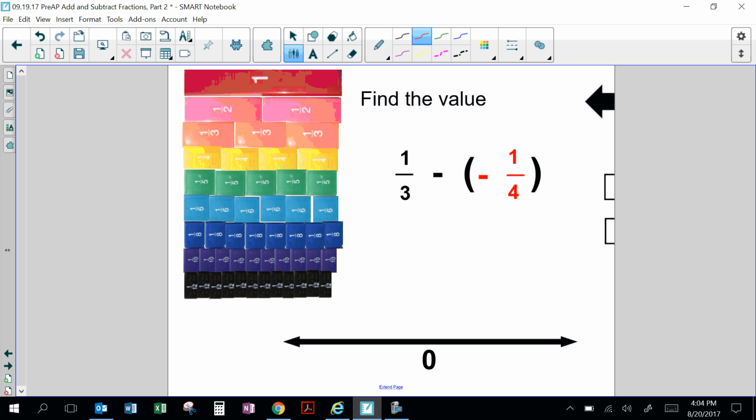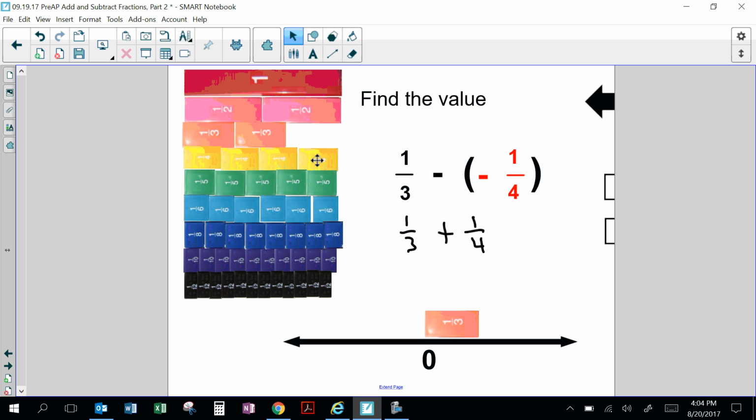Next one, 1/3 minus -1/4, or take away -1/4. Using what we know about integer subtraction, we know we start with 1/3. We add, what's the opposite of -1/4? 1/4. So we add 1/4.